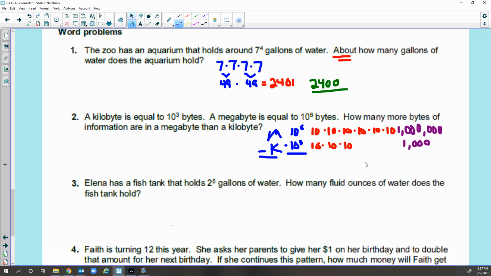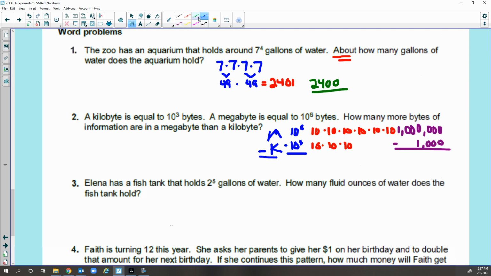Before I get super cray-cray here, I do want to grab this 1,000. I want to try to line up my place values before I start subtracting, because that's what a good math teacher would do. So that's what we're going to do too.